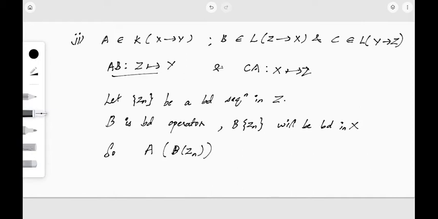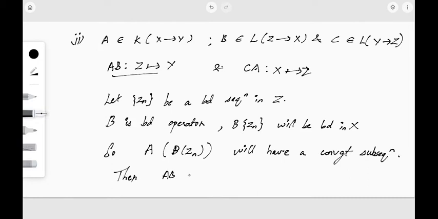A is a mapping from X to Y, so B of Zn is a bounded sequence in X and A is compact, so A of B of Zn will have a convergent subsequence. Thus AB is pre-compact.